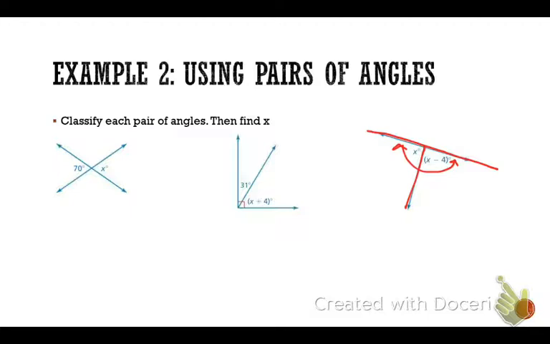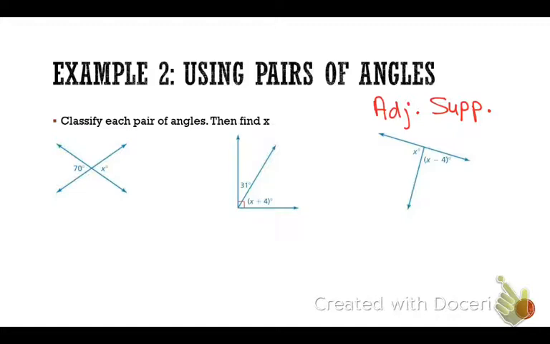So that means that these two angles have to add up together to equal 180 because the measurement of a straight line is 180 degrees. So whatever angle x is, x minus 4, those two together have to add up to 180. So these angles are adjacent supplementary. Okay, adjacent supplementary.